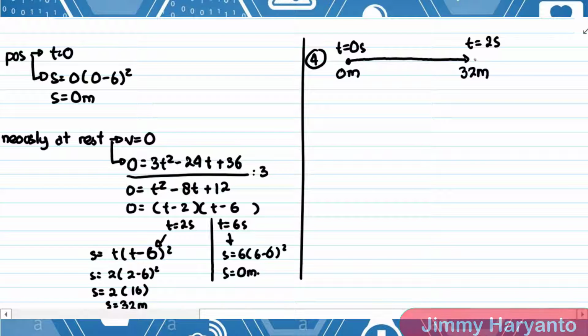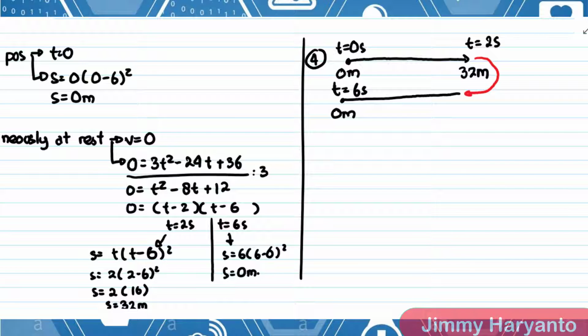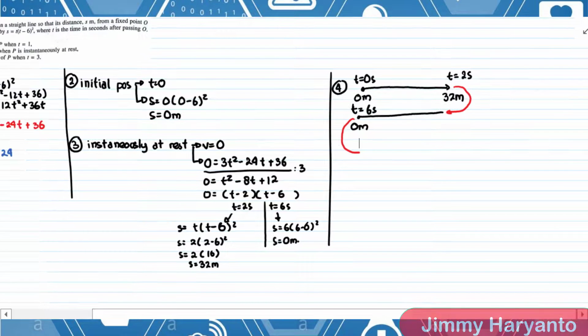After that it will take a U-turn and then continue the motion until it reaches 0 meters for the second time when t equals 6 seconds. And then after that I believe that the motion will turn back to the right side, because when t equals 6 seconds the velocity is 0, instantaneously at rest. That means the particle will take a U-turn for the second time.